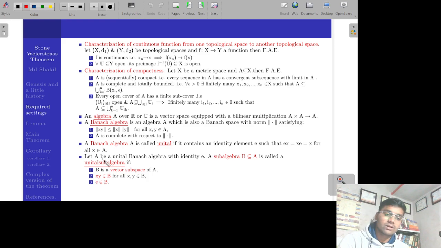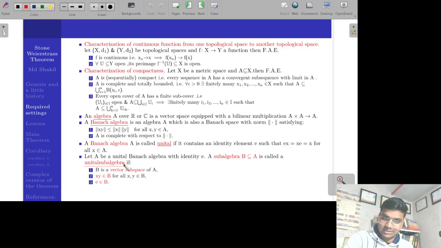And what is a unital subalgebra? So we know what an algebra is, what a Banach algebra is, and when we call a Banach algebra a unital Banach algebra: if it has an identity, then it is a unital Banach algebra. Now, what is a unital subalgebra? As the name suggests, it should be unital, it should have an identity. Subalgebra means it should be a subset of an algebra and itself an algebra.